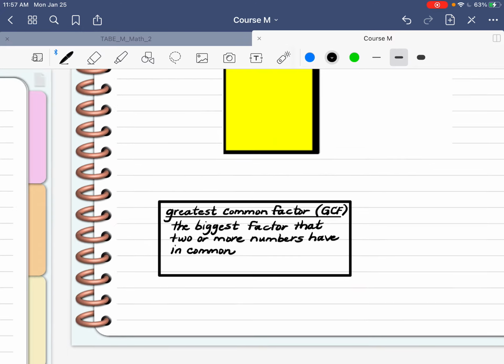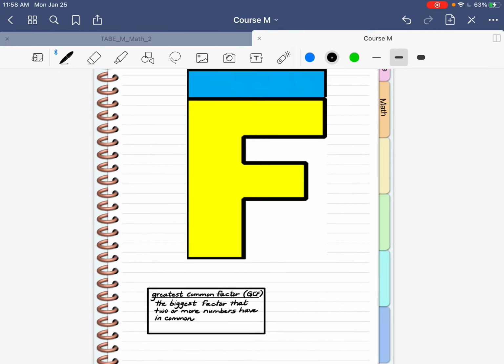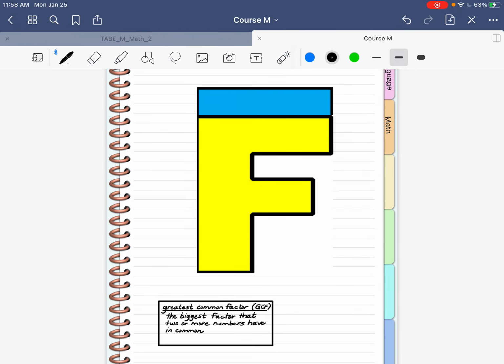So to show you how this works, I chose the letter F for factors. Remember, I showed you the factor fingers, and these almost look like fingers. So that's another reason I like this letter F. What you'll need to do is cut out this yellow and blue piece.